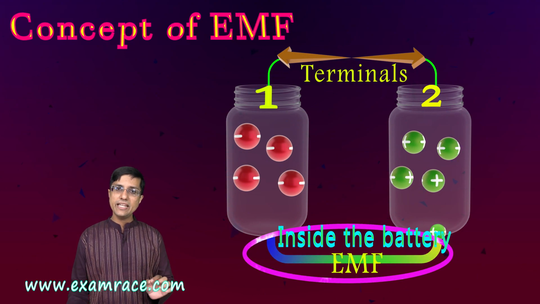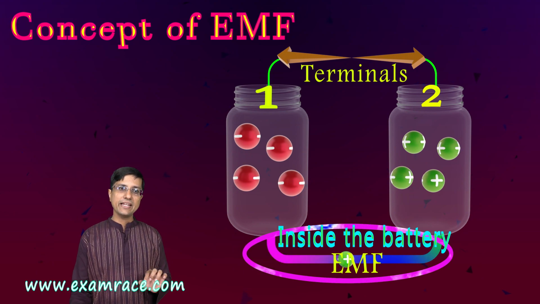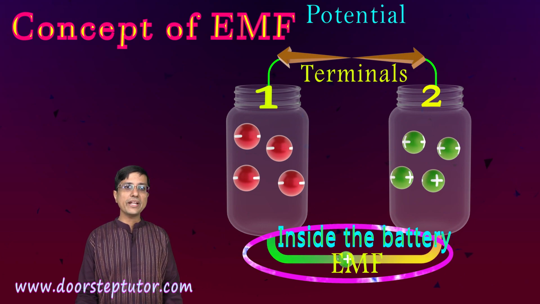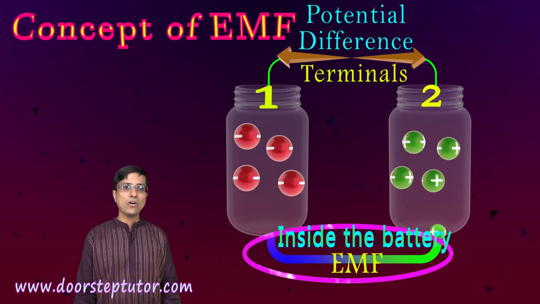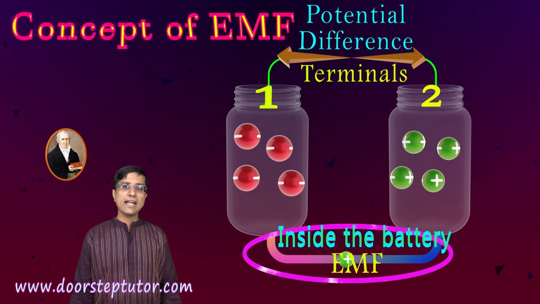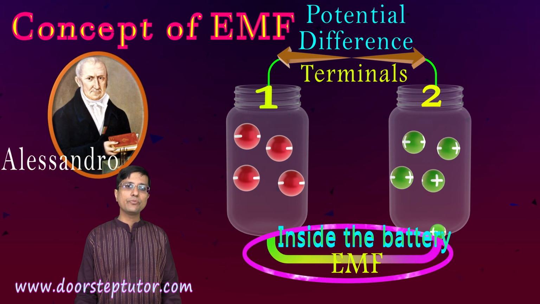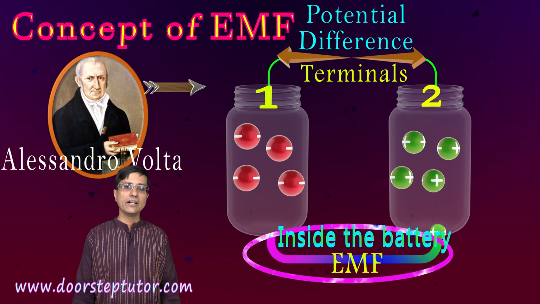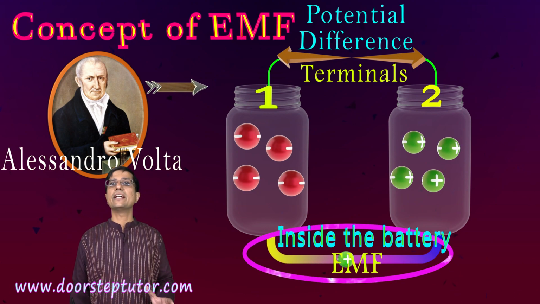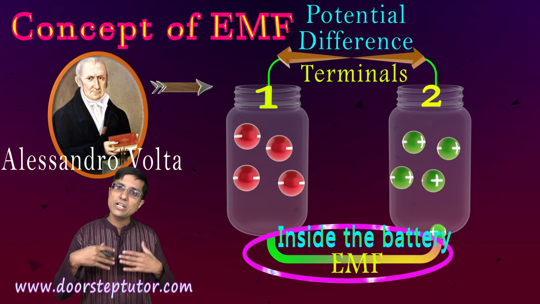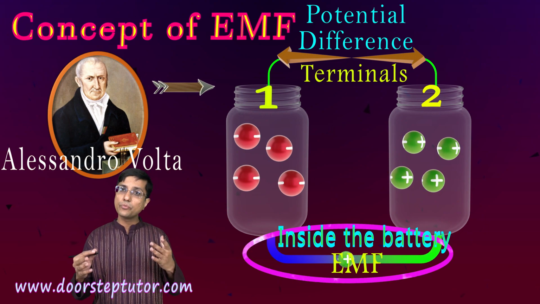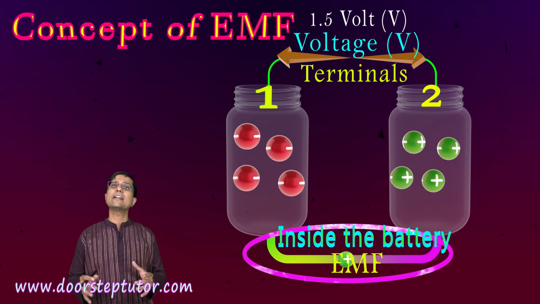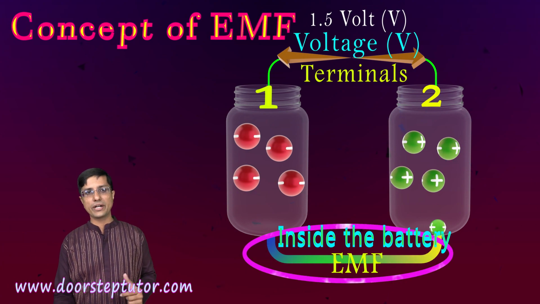The work done inside the battery is available as a potential difference on the 2 terminals, and this potential difference is what drives the electrons or the current from the positive end to the negative end. So that work done inside the battery is available outside as the potential or the voltage of the battery, and this voltage drives the electric current and allows us to do all sorts of work.